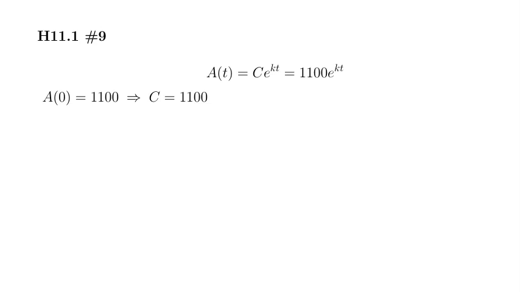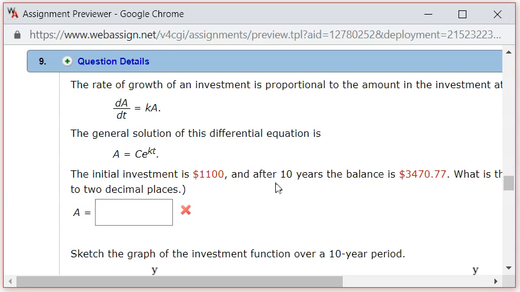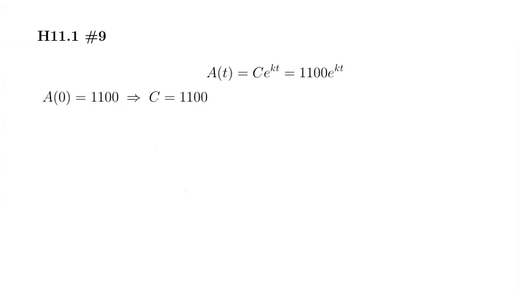Now we have to look at the other condition. It says that after 10 years, A(t) is equal to 3,470.77. So we have A(10) is given to be 3,470.77.